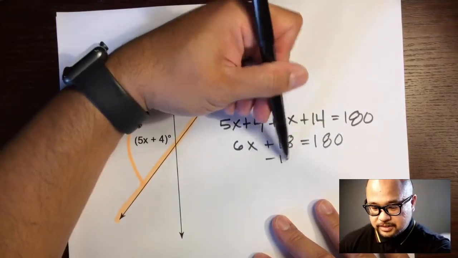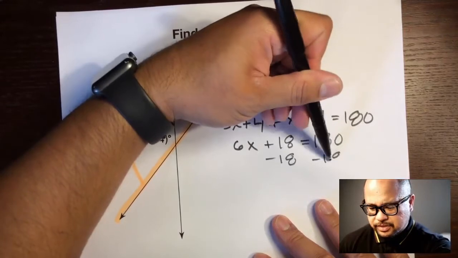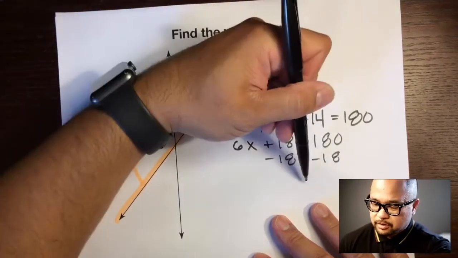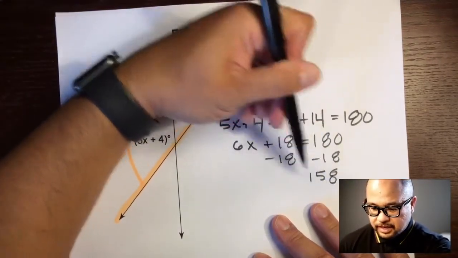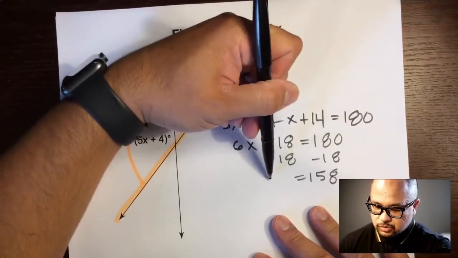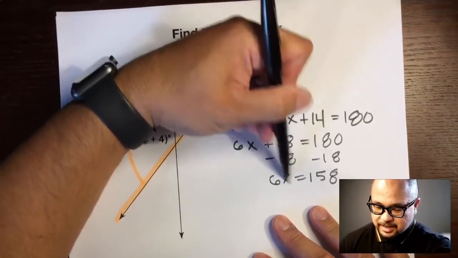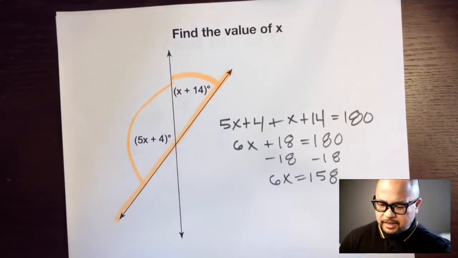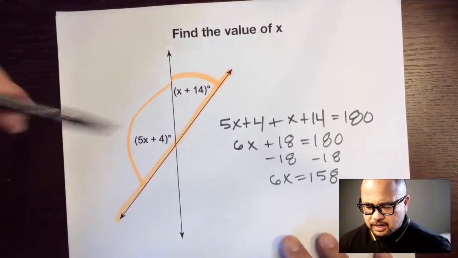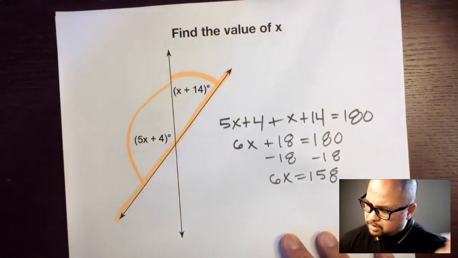Let's subtract that 18 from both sides. What would that be? That would be 158 is equal to 6x. And let's look at this. So, oh, no, not 158.